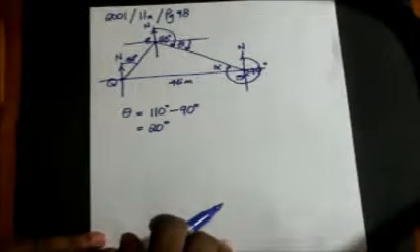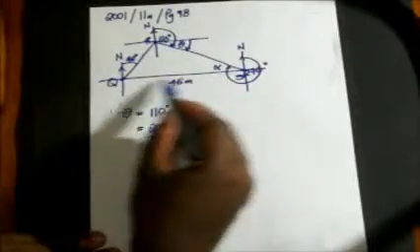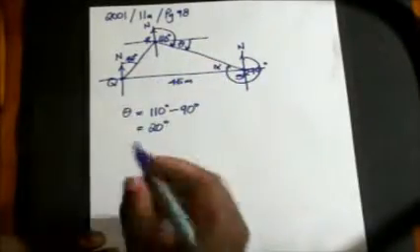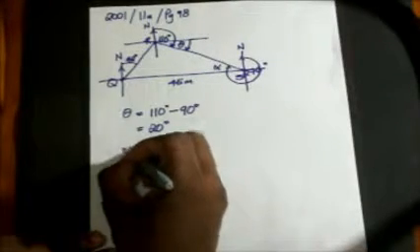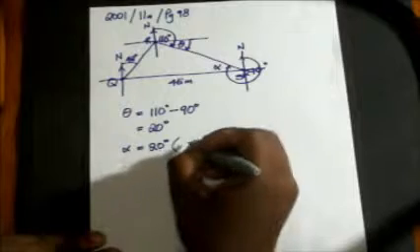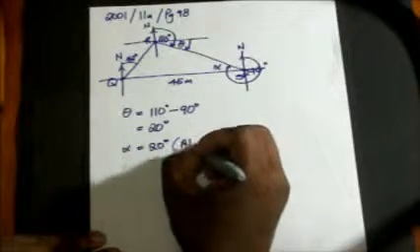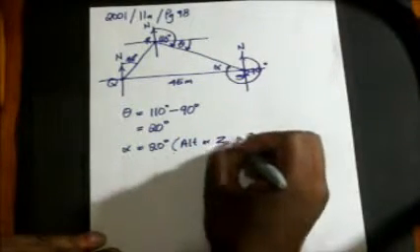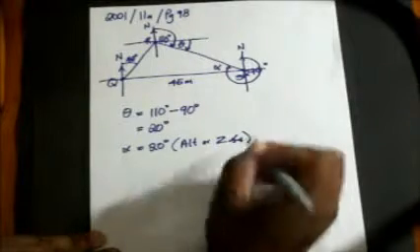Ladies and gentlemen, if you look carefully, you can see that theta and alpha form alternate or Z angles. Therefore, alpha is also equal to 20 degrees. And the reason is what? Alternate or Z angles.